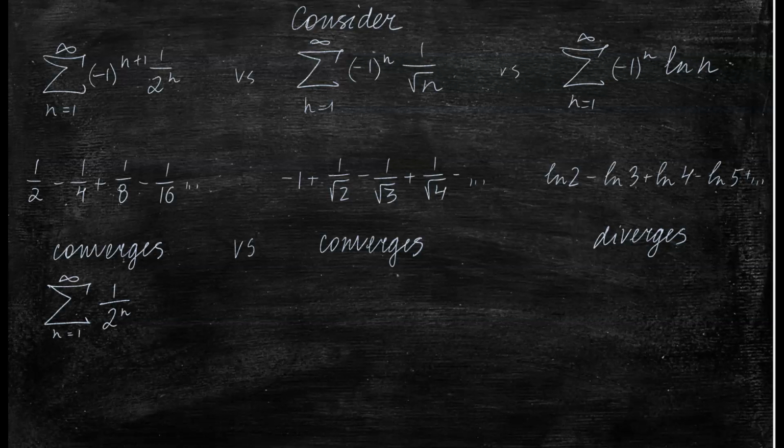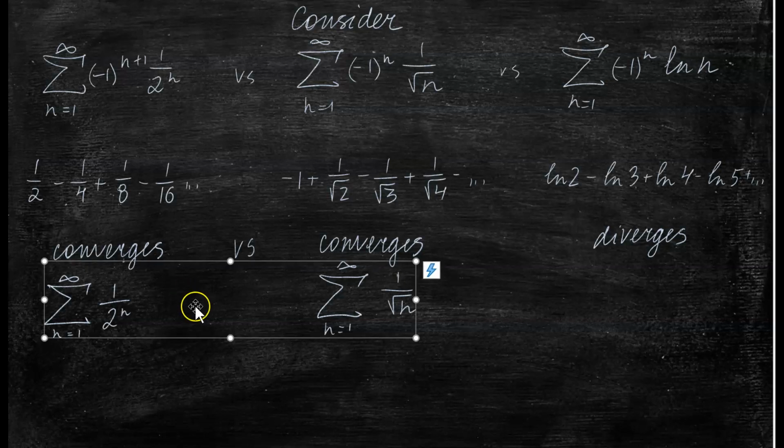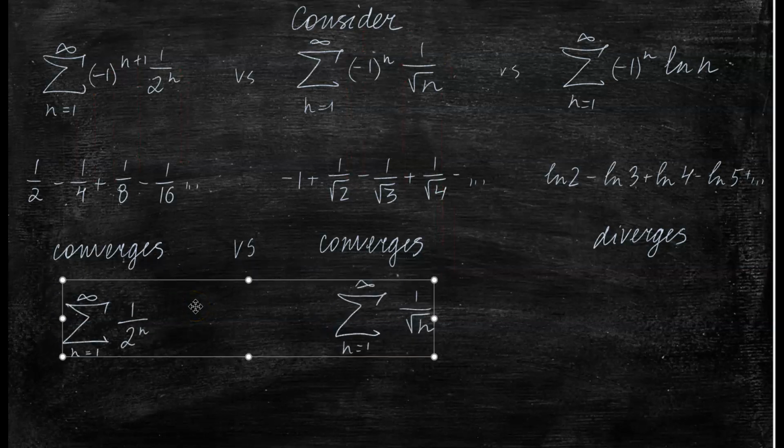So to understand the difference, let's consider the following series. And now, what do you see? We see that unlike the original alternating series, these two series actually have different behavior.